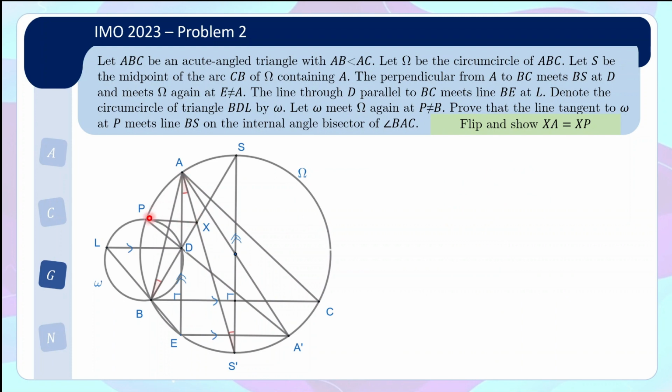Well, if you try to do a bit more angle chasing, X seems to be in the middle of nowhere, so it seems a bit hard. But if you stare at this configuration, there's something very suspicious looking here. It might remind you of this lemma from geometry, that if you have a right angle triangle, and this is a point on the hypotenuse, then two of the lengths being equal will give you the third length being equal.